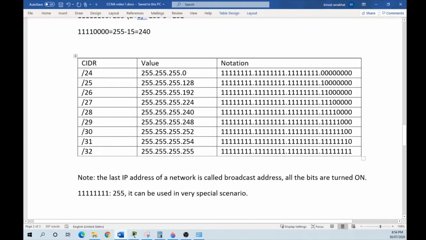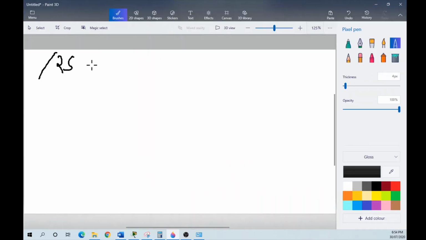So as in the table, if we denote a number with /24, which will be 24 number of ones, the subnet mask value will be 255.255.255.0. Similarly for /25, it would be 255.255.255.128. Let me show you how it happens.